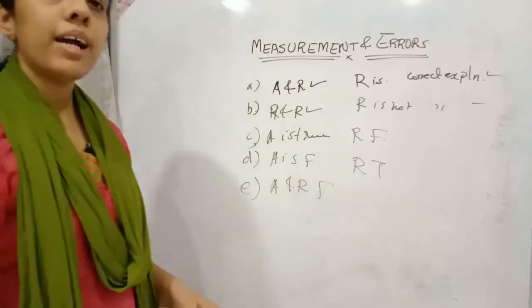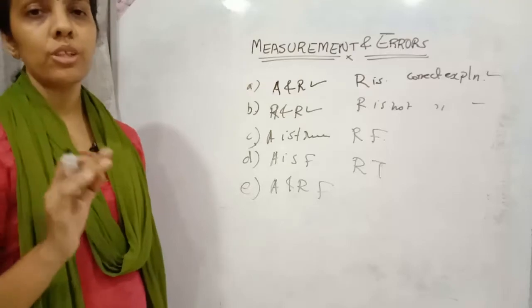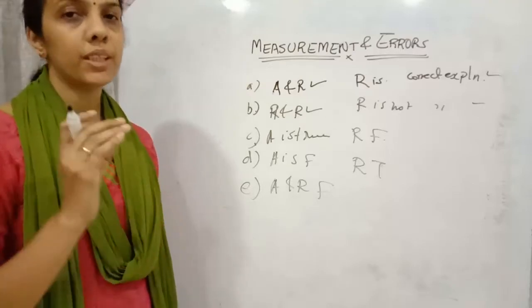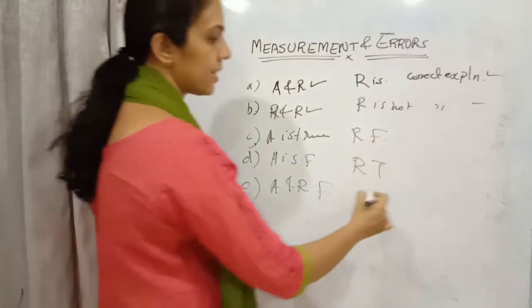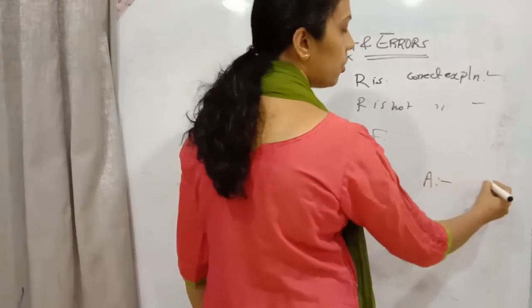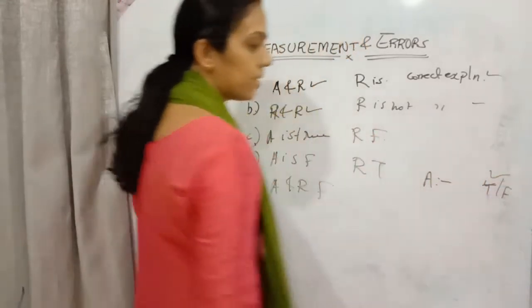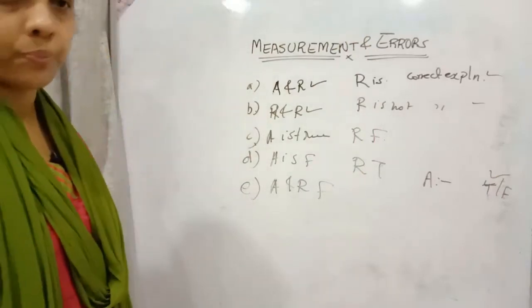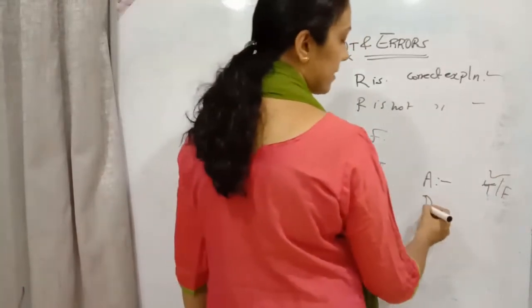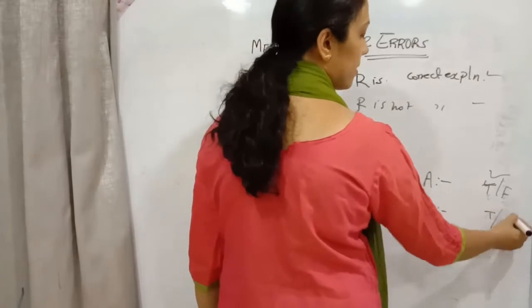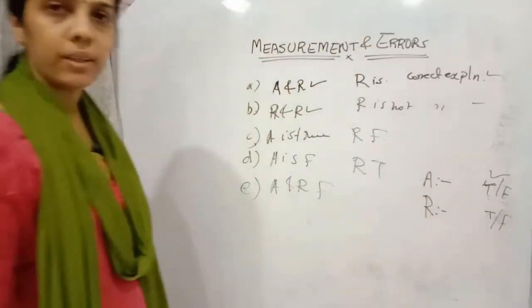So when you get this kind of question, first read the assertion sentence and identify whether it's true or false. If the assertion is true, you can go for the reason, true or false, that also you can identify.